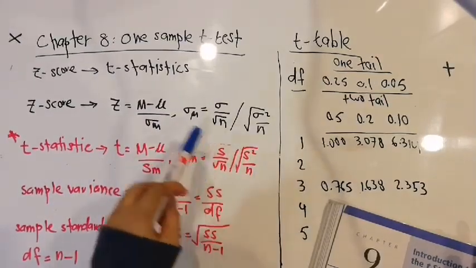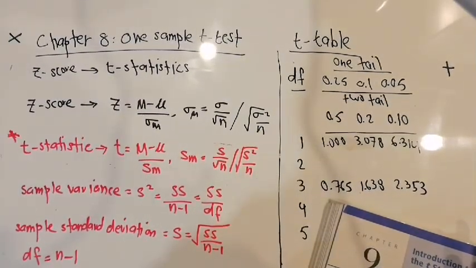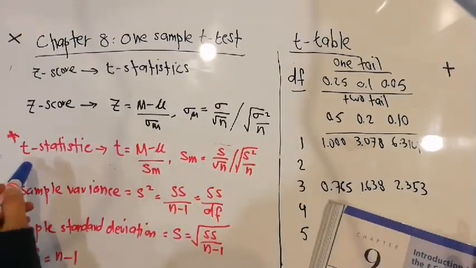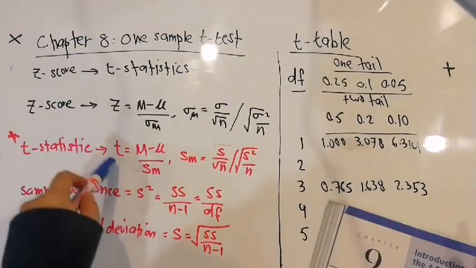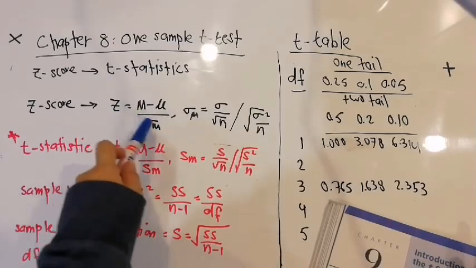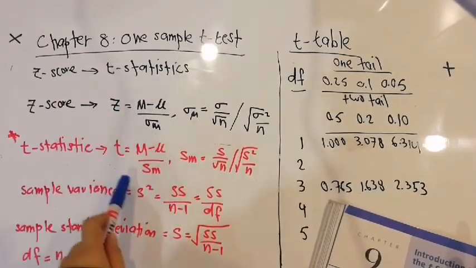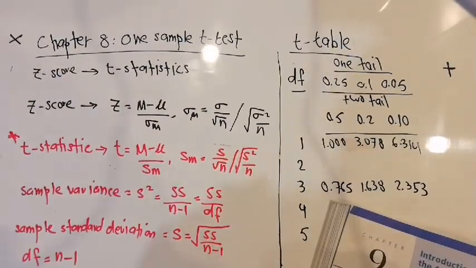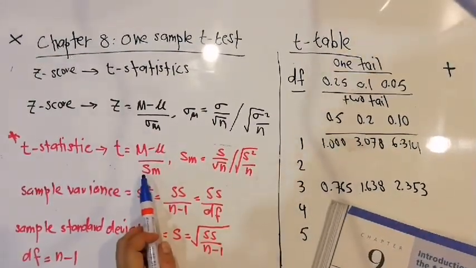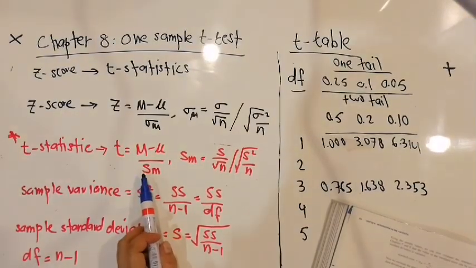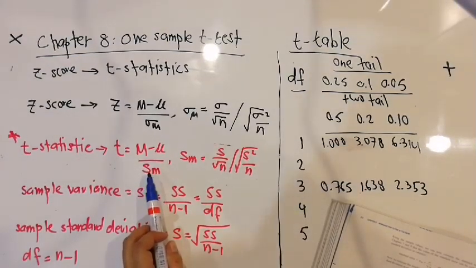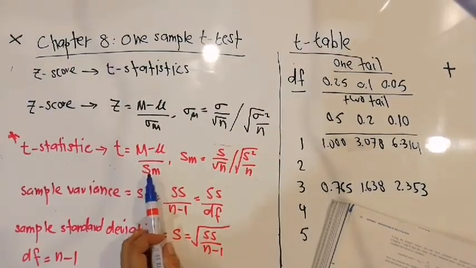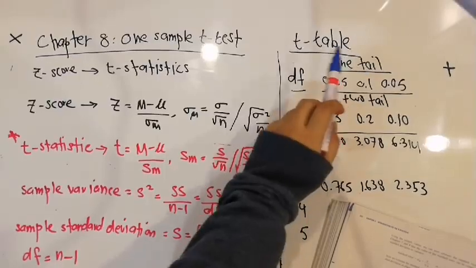So what's the difference between the one sample t-test, the z-score and the t-statistic? Actually, it's similar. For z, it is M minus mu over the standard error. For t, you just change the symbol to s. This is why they say t-statistic, and for this you have to use the t-table.